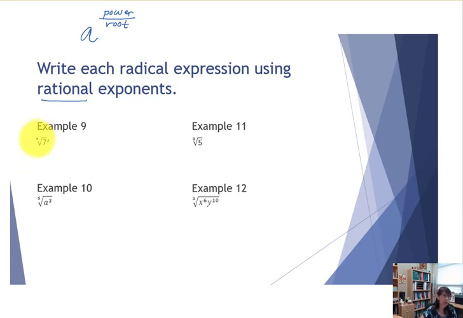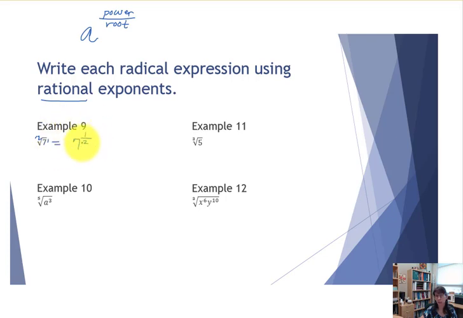And we know it's square root, so that root is 2. So if we take our base, we know that it's written to the power of 1 over root of 2. So another way to write the square root of 7 is 7 raised to the power of 1/2.